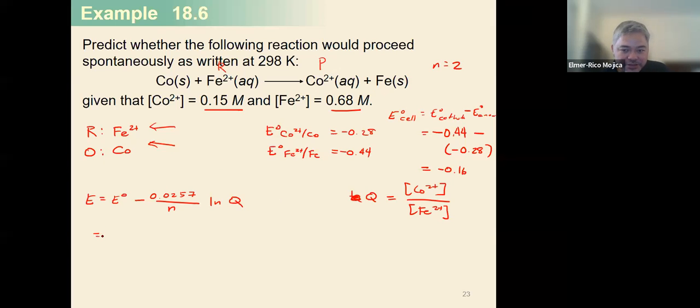So this is negative 0.16 minus 0.0257 over n, and this is ln of Q, where I put the n as 2. What will I put in the numerator? 0.15, and then you have 0.68. So what do you get?